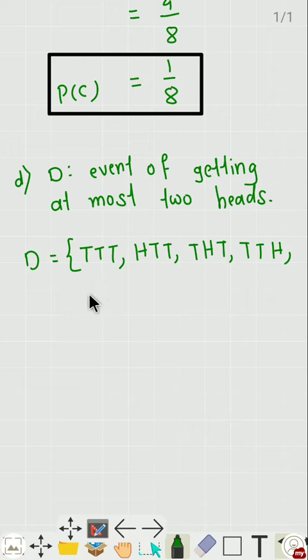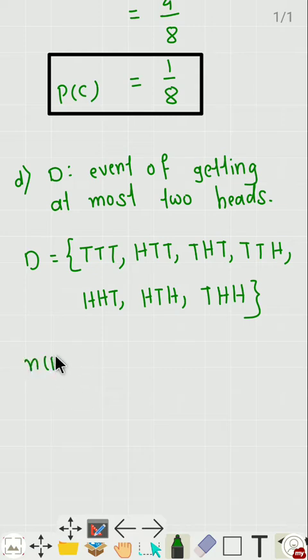And two heads means head, head, tail; head, tail, head; tail, head, head. So these are the possibilities. Okay, so n of D is equal to, how many outcomes are there? 1, 2, 3, 4, 5, 6, 7.